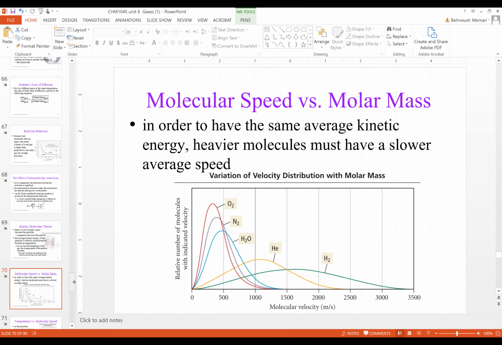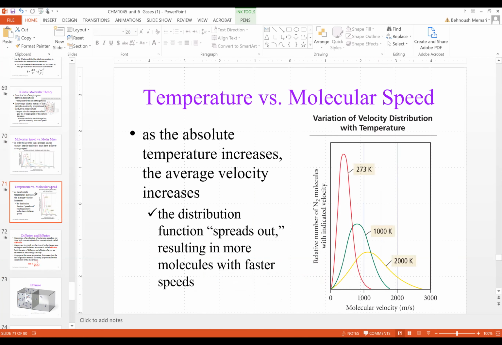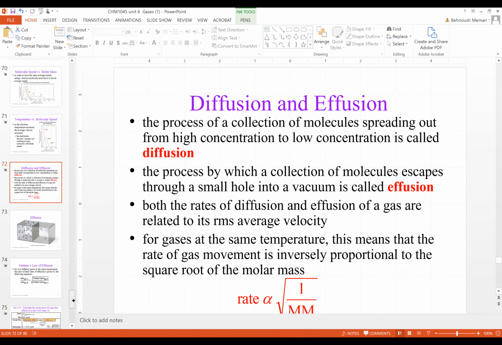The other factor that affects the movement, or velocity, of the gas molecules is the temperature. The higher the temperature, the higher the velocity, basically greater kinetic energy. We did talk about the difference between effusion and diffusion, but both of them depend on the molar mass of the gas.